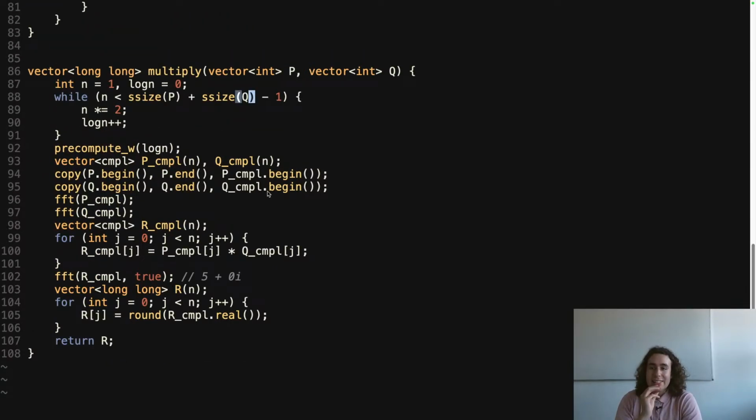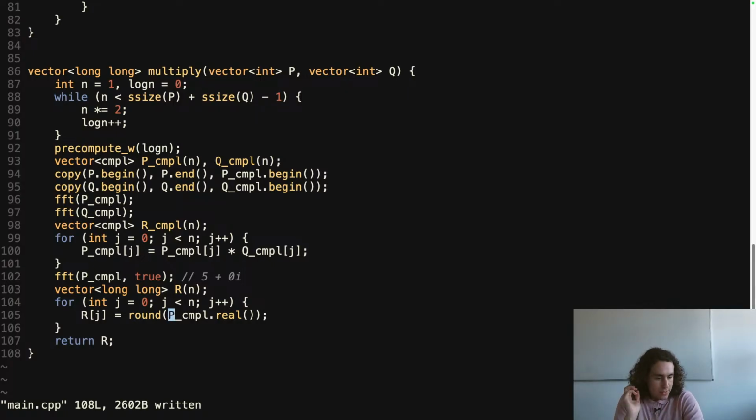What else can we easily change here? There's kind of no need to create this vector R complex. We can just use P complex J, multiply it by Q and then do the reverse multiplication. This will save us even more memory, right? We're trying to have as little memory as possible.